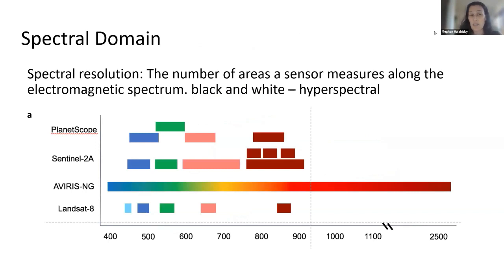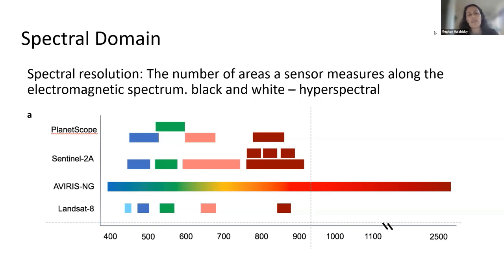The first is the spectral domain, the spectral resolution. And this is simply the number of areas a sensor is measuring along the electromagnetic spectrum. So it could be just one part, like a black and white image that is just picking up one reflected part of the electromagnetic spectrum, or it could be red or green or blue, or it could delve into things that we can't see with our own eyes, like infrared and radar.